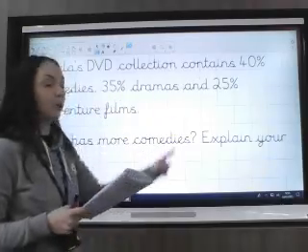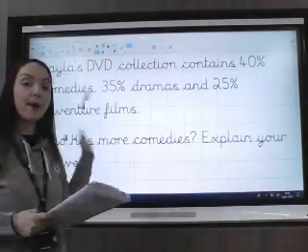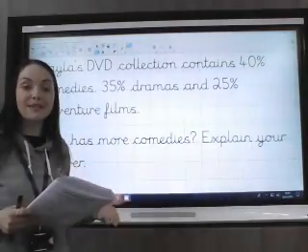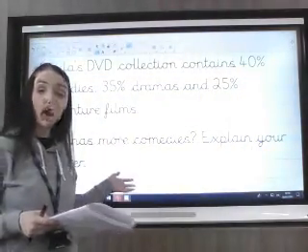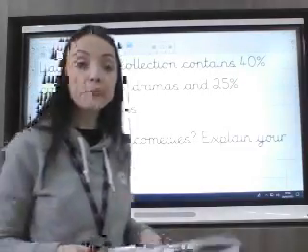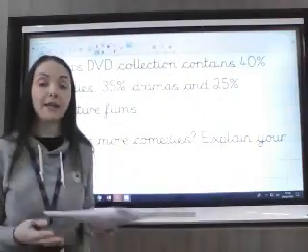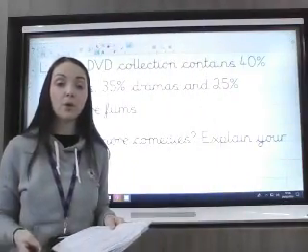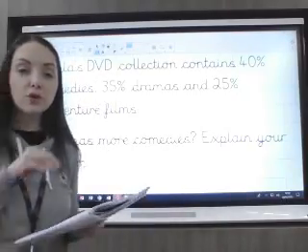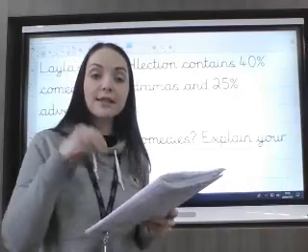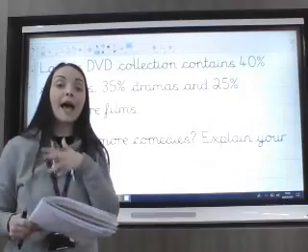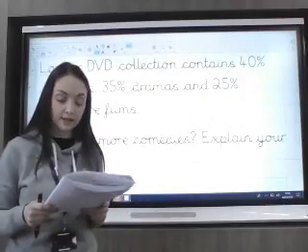But have you been given any information about how many films Layla has got? You've only been told the percentages, haven't you? So you actually can't say who has more comedies, because you haven't been told how many films Layla's got overall or how many of each one she's got. You say you can't tell because you haven't been told how many of any DVD Layla has got.